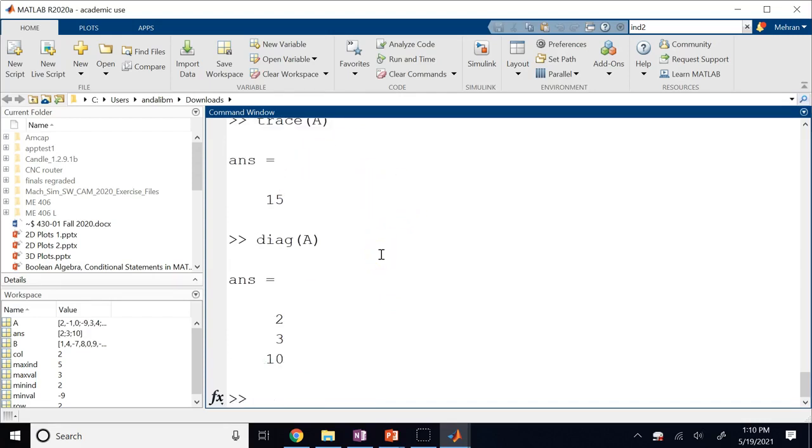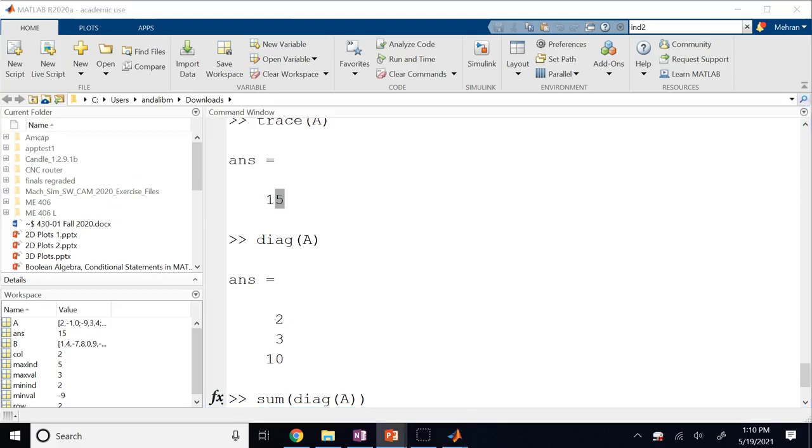So the command trace is like the sum of diag of A. Correct? Get me the vector of diagonals, add them together, we call it trace. And it's important in many linear algebra problems.